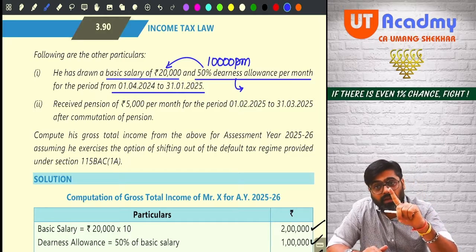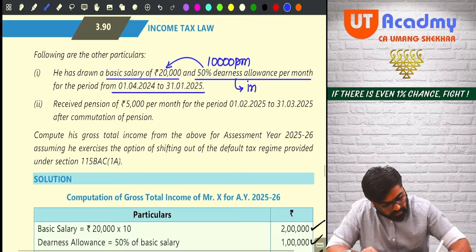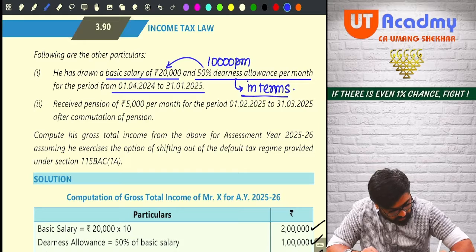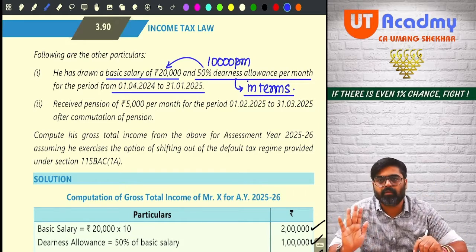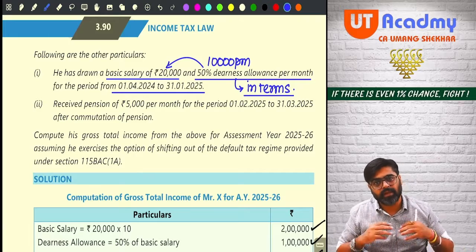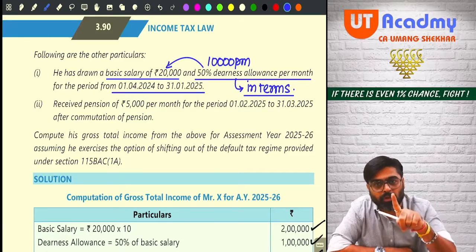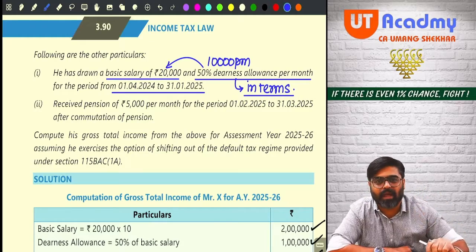We will say that this DA is in terms. We will write down a note for this, that in the absence of any information regarding the DA, we have assumed that DA is in terms, and I will prove also that this DA should be in terms only. I will prove also. Okay.